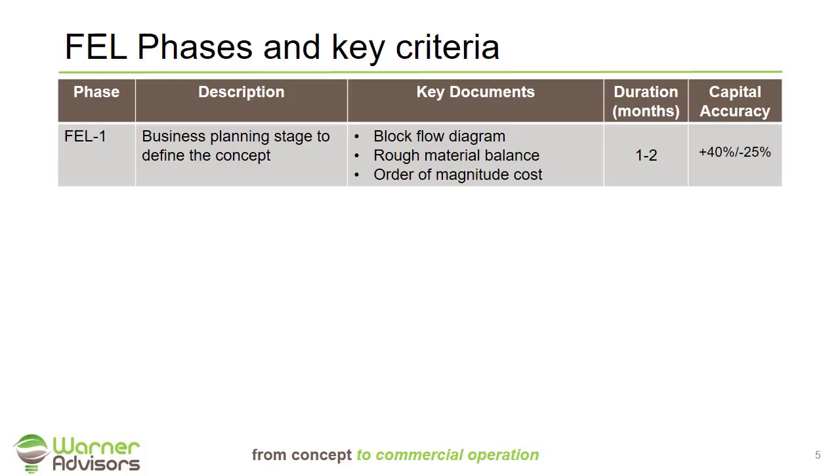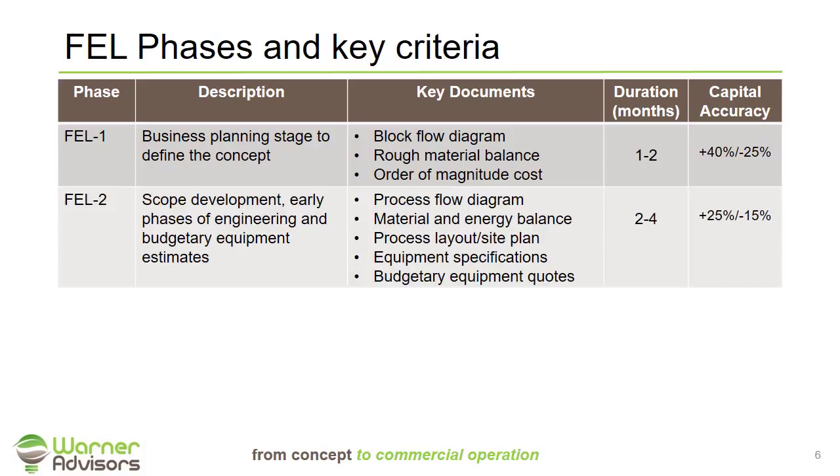The documents that are generated in this are a basic block flow diagram of your process, a rough material balance of your process, and what we would call an order of magnitude cost estimate. This work generally takes in the range of 1 to 2 months to complete, and realize that the cost estimate generated usually only has an accuracy of about plus 40%, minus 25%.